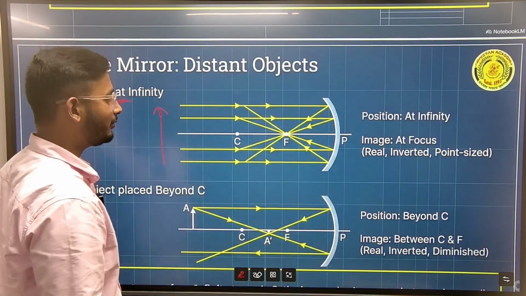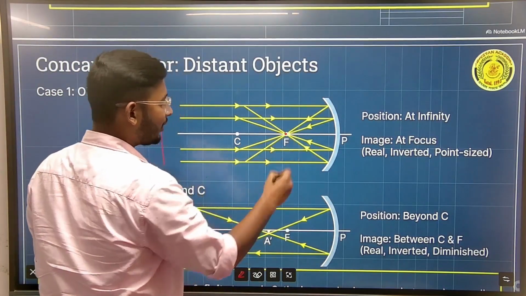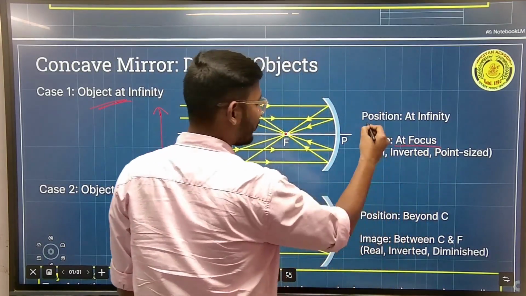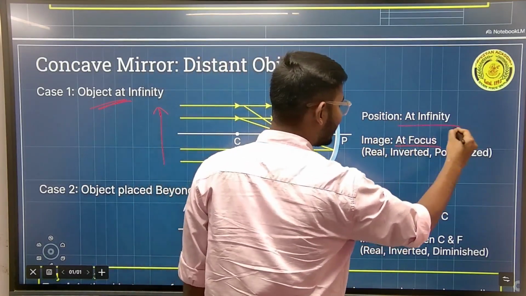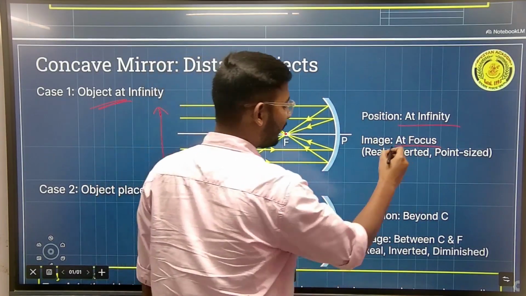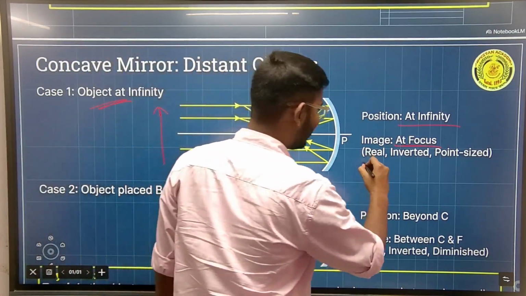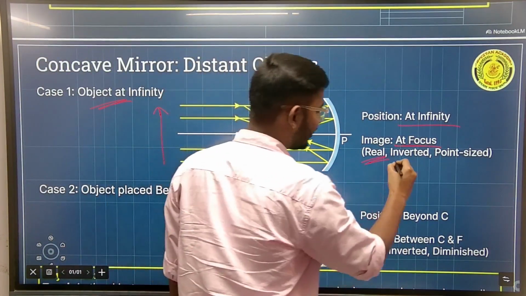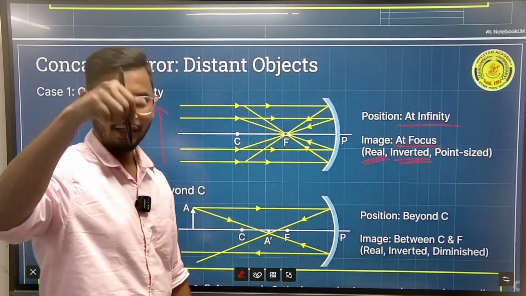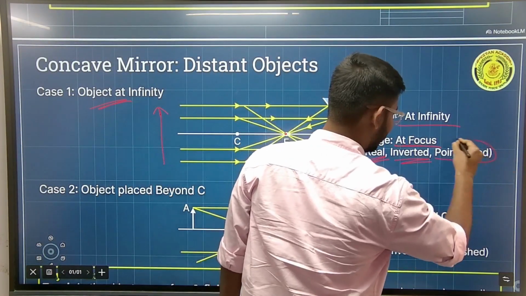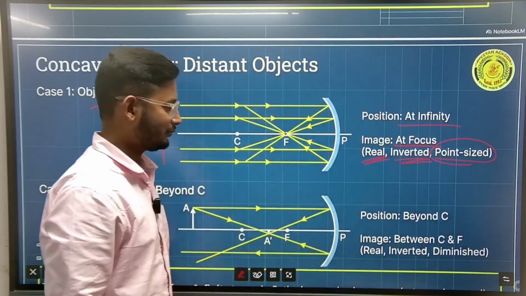Then the image forms at focus. When the position of the object is at infinity, the image forms at focus, and the image is real, the image is inverted, and its size is point size.